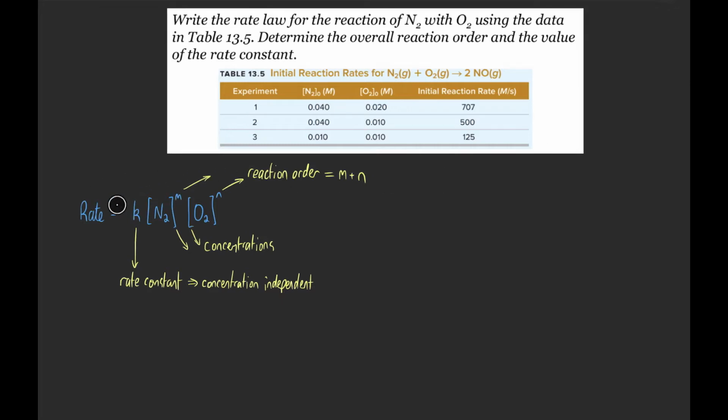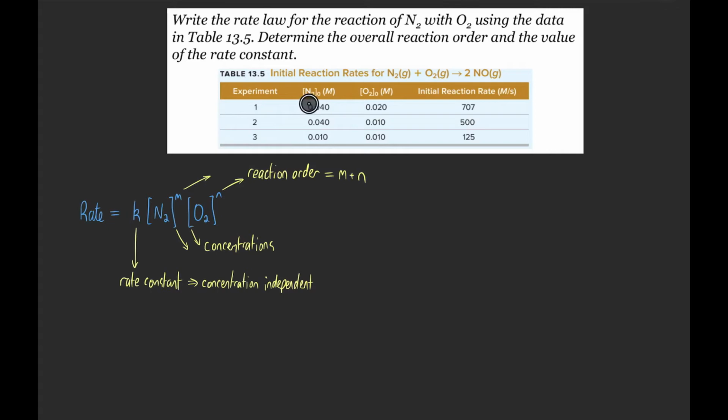So having now established the rate law for this reaction, we're in a position to start using some of the experimental data that we're given to actually determine the values of k, m, and n. The procedure that we have to adopt to do this is to look at the different experiments and identify pairs of experiments that allow us to simplify the rate law down and actually calculate some numerical values for the different components.